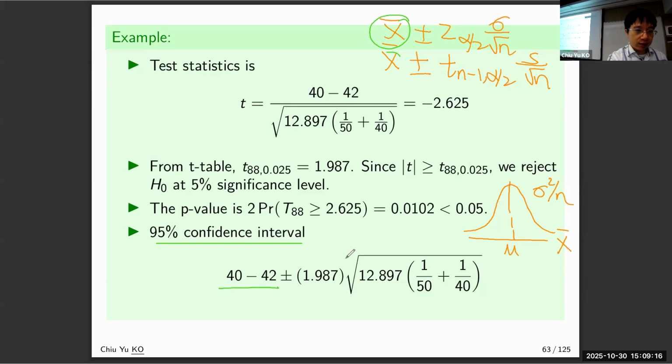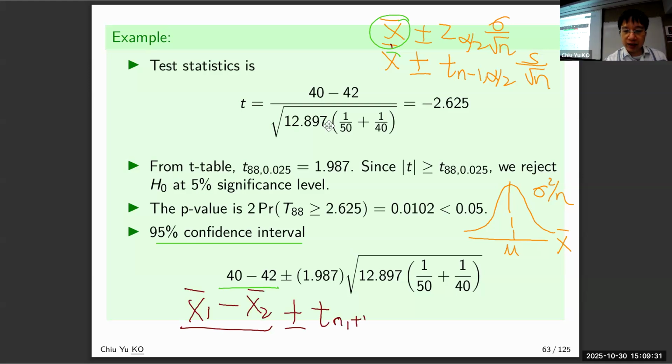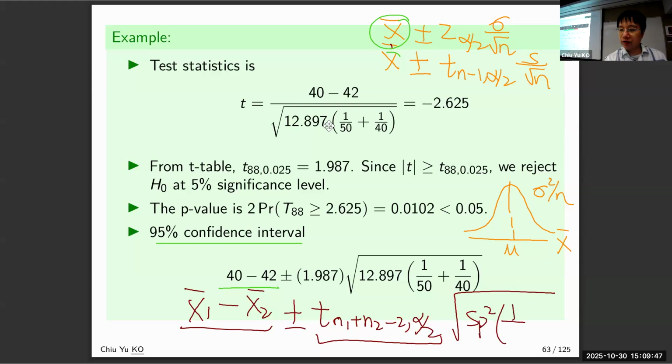So this is just x1 bar minus x2 bar, which is the original case, plus minus t with n1 plus n2 minus 2, which is 88, alpha over 2, which is a critical value, right? So this is always a critical value. And this guy is just the pooled variance times 1 over n1 plus 1 over n2, right? So this is the denominator, right?